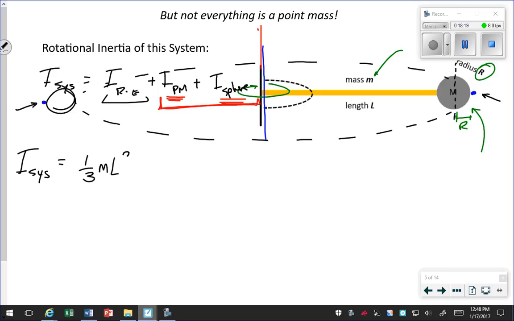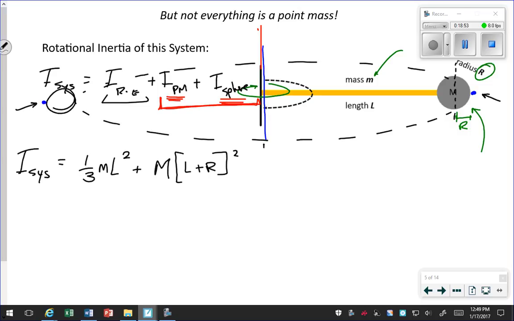Now, the point mass part of this sphere motion is, well, m, and normally we'd say mr squared, but remember, r means the radius of the object's circular path. And this object has a circular path with a radius L plus r. You get me?